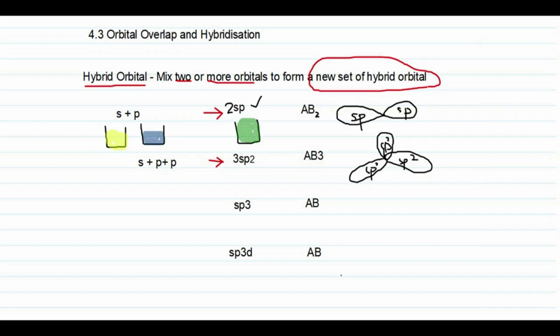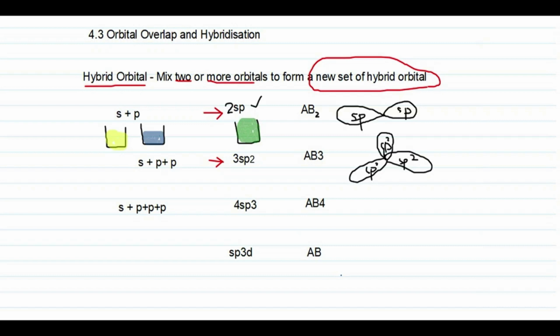So here, it's basically s plus p plus p plus p, and you will get 4 sp3 and AB4. The structure is going to be tetrahedral.